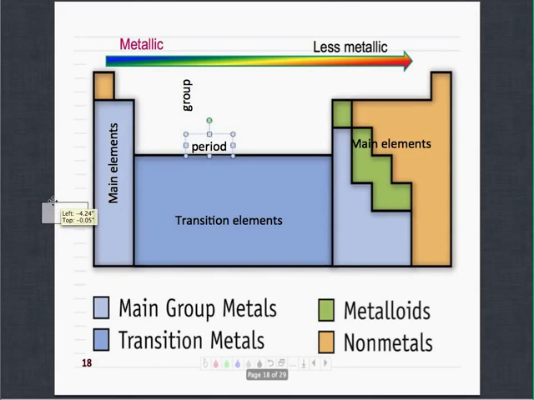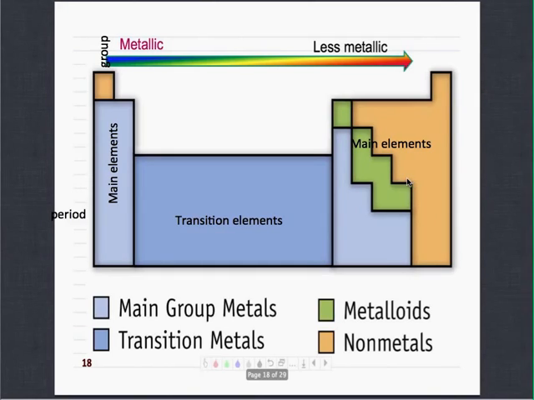So when he put them together according to the atomic number, he found that all of group 1 are metals except hydrogen. And as he goes from the left to the right, the elements are getting less metallic.